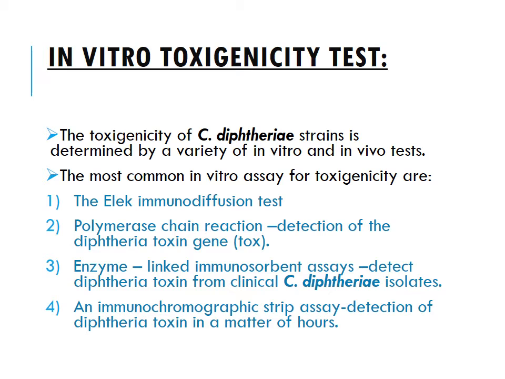The most common in vitro assays for toxigenicity are, first, the Elek immunodiffusion test; second, polymerase chain reaction (PCR) detection of the diphtheria toxin gene tox; third, enzyme-linked immunosorbent assays to detect diphtheria toxin from clinical Corynebacterium diphtheriae isolates; and fourth, immunochromatographic strip assay, detecting diphtheria toxin in a matter of hours.